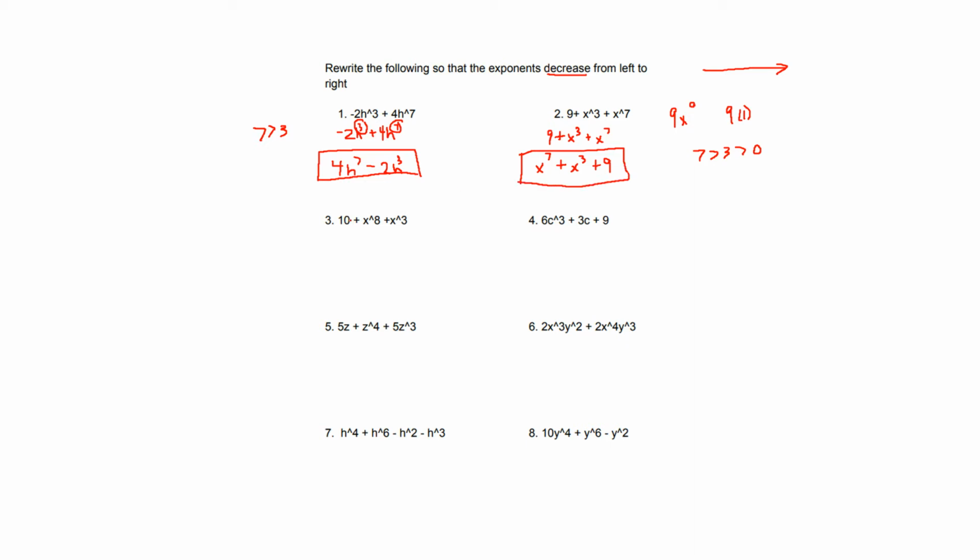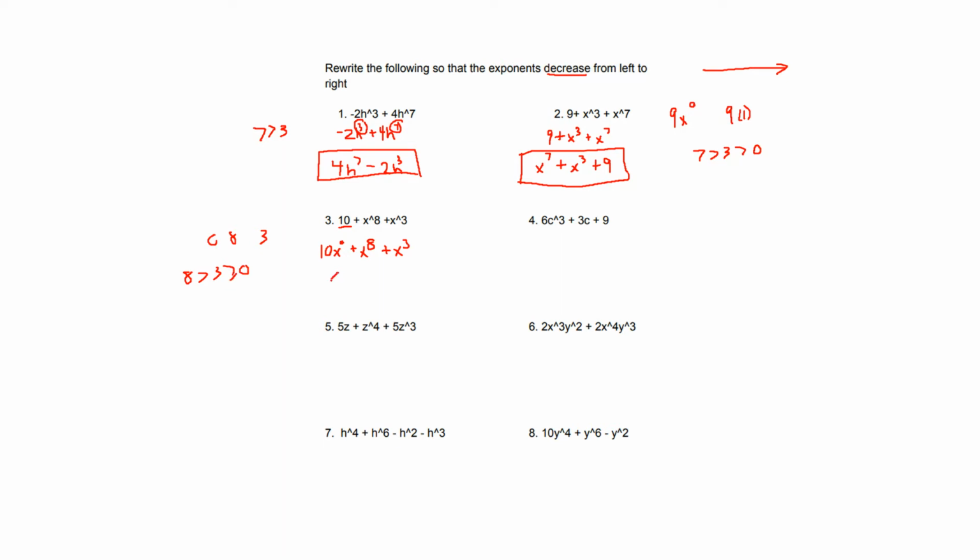Okay, number 3 is similar to number 2. You have a 10 right here. And you could think of this 10 having an x to the power of 0. That makes it easier. So here, the exponents are 0, 8, and 3. 8 is the greatest, then 3, then 0.